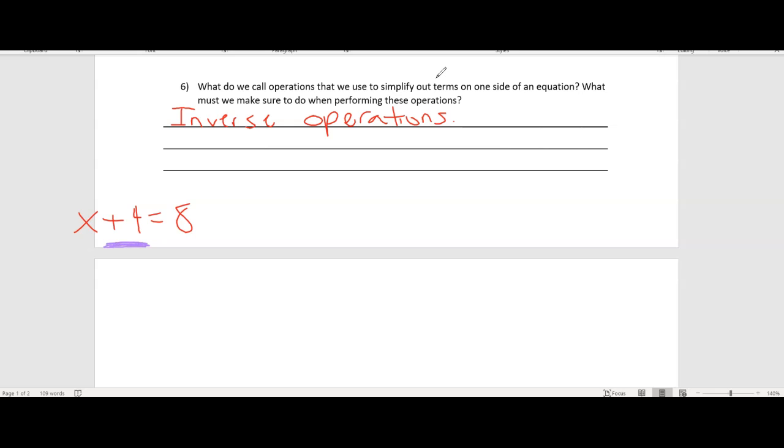I needed the inverse operation of addition. And the inverse operation is subtraction if we're talking about addition. So that's why I would need to subtract 4 from both sides, because subtraction is the inverse of addition. Now, we'll talk about the inverses of the other operations when we get into some practice problems, but I'm sure you're already familiar with most of them.